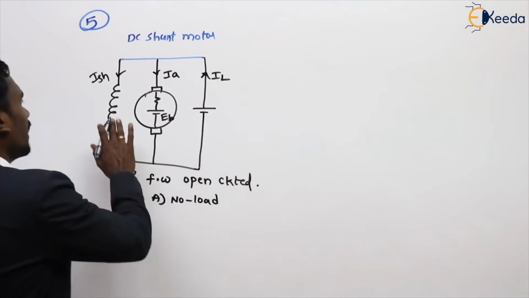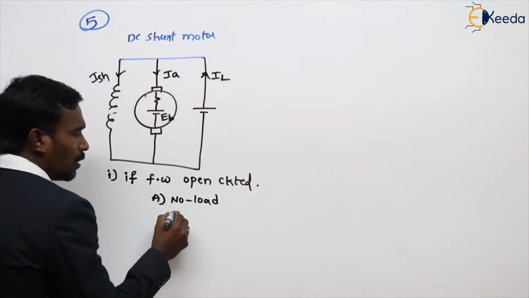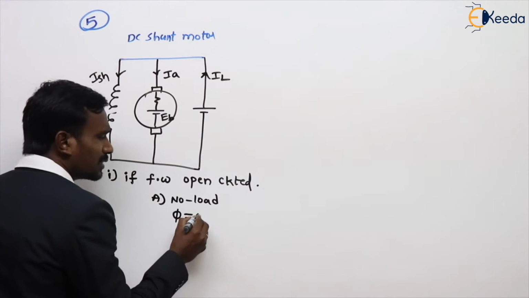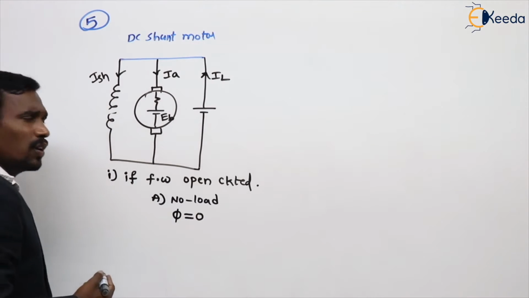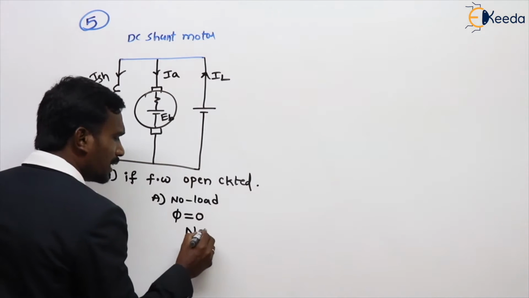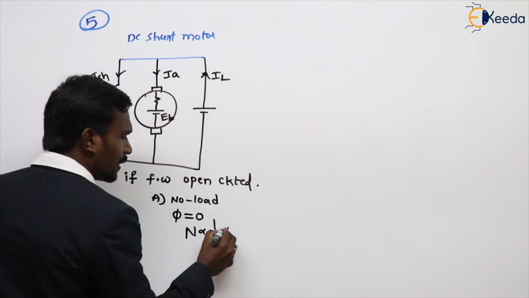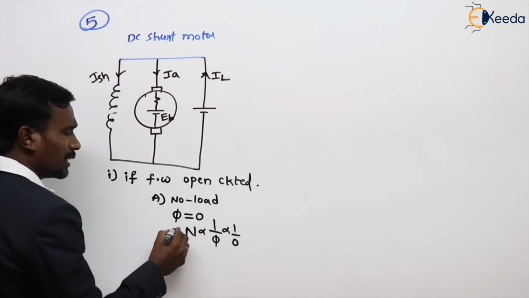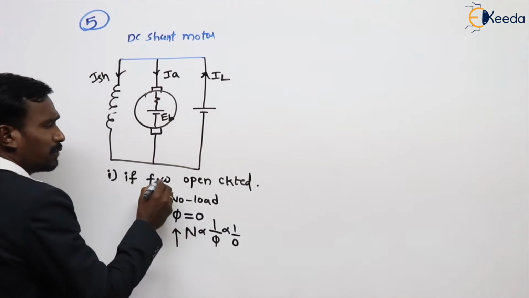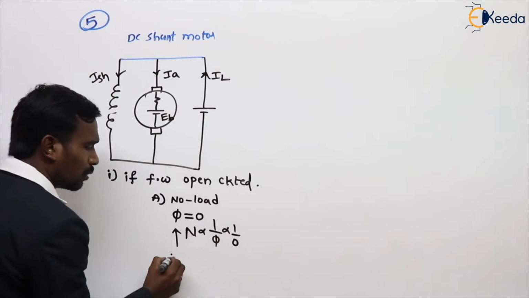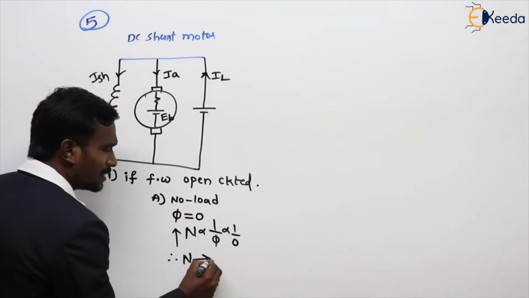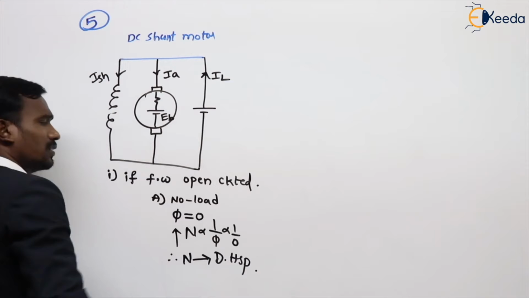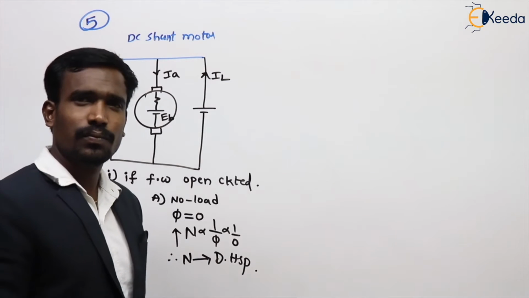When the field winding is open circuited, the flux is equal to 0. Speed is inversely proportional to flux, so 1 by 0 is infinite. So if the field winding is open circuited at no load, the speed reaches a dangerously high value. This is the answer at no load condition.